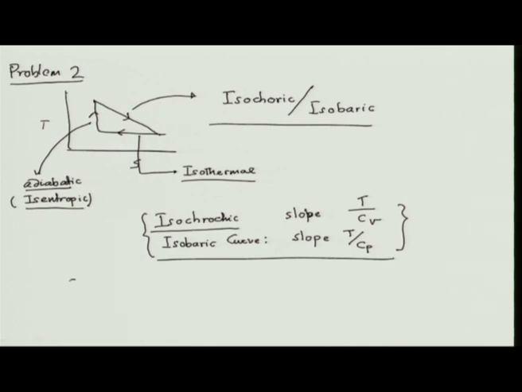So, T-S diagram, del T del S, change in temperature with entropy if volume fixed is greater than del T del S over P. Okay, slope of this isochoric is higher because Cv is smaller than Cp. Okay, so if I give you two curves, you should be immediately able to tell me that this is isochoric, this is isobaric. Remember, I am referring to T-S diagram.